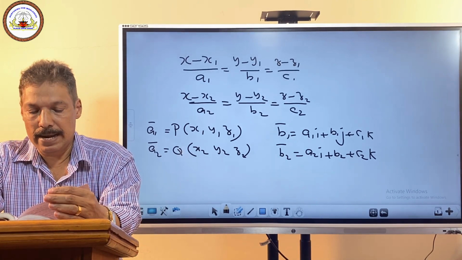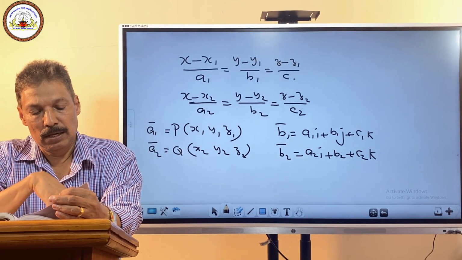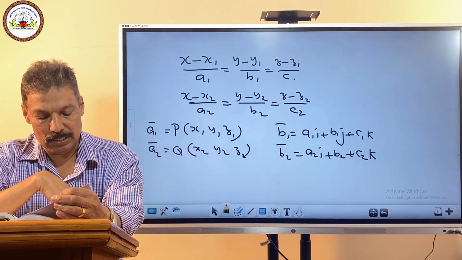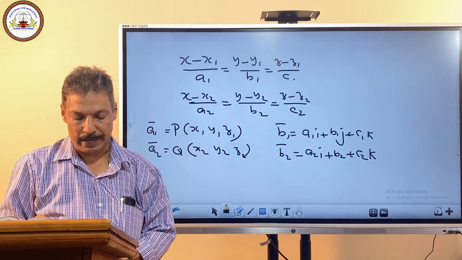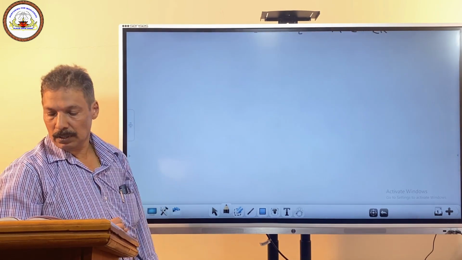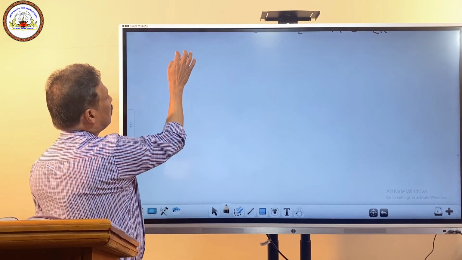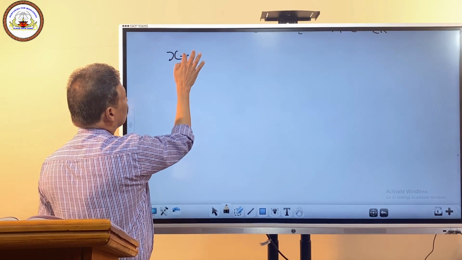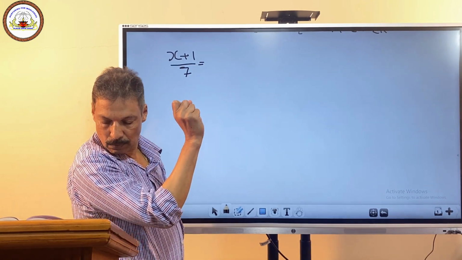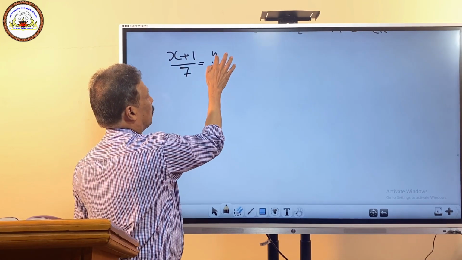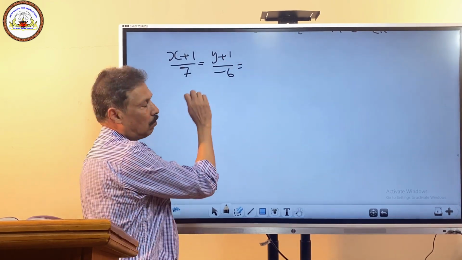Again we do another problem in our exercise number 11.2, question number 50. Find the shortest distance between the skew lines x plus 1 by 7 equal to y plus 1 by minus 6 equal to z plus 1 by 1.